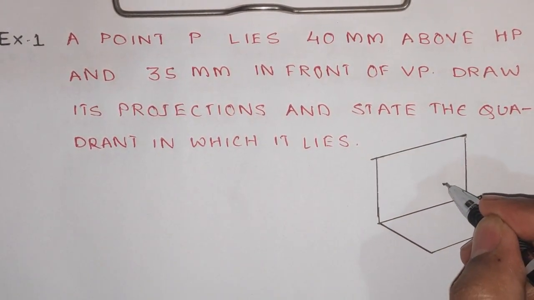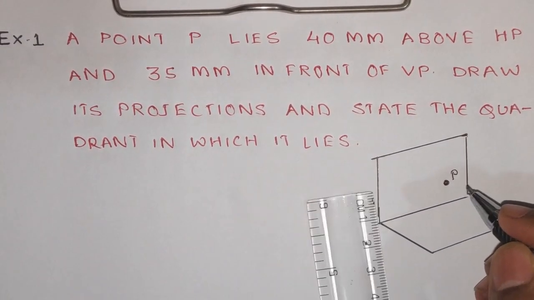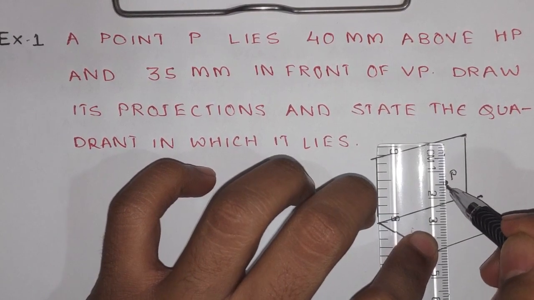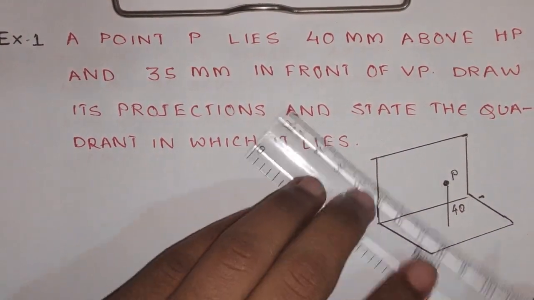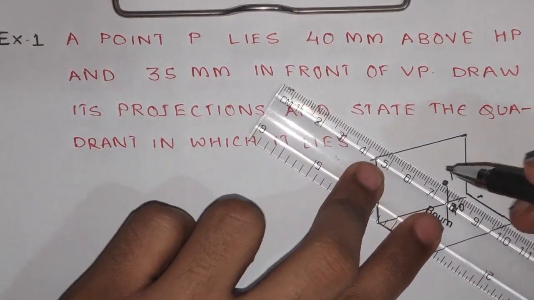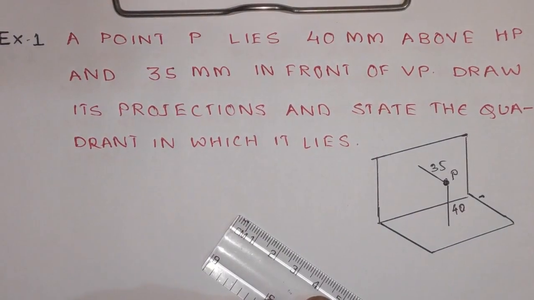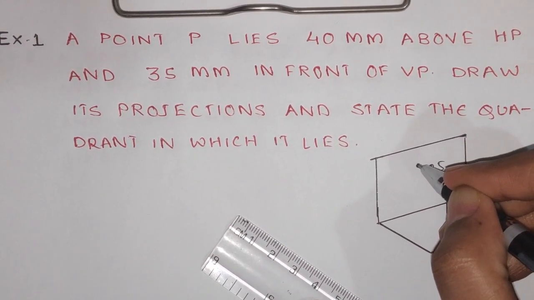What he is saying in the problem, this is the point P, which is at a distance of 40 mm above HP. So from HP this distance is 40 mm, and at a distance of 35 mm from VP. So this distance is 35 mm. You will have the projection of this point over here.